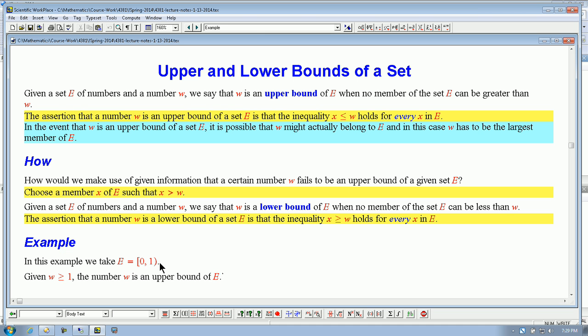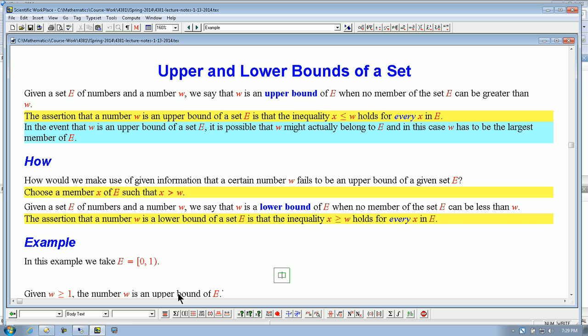Here's a quick picture of this interval. If a number is greater than or equal to 1, isn't it obviously greater than or equal to every number between 0 and 1? Okay.